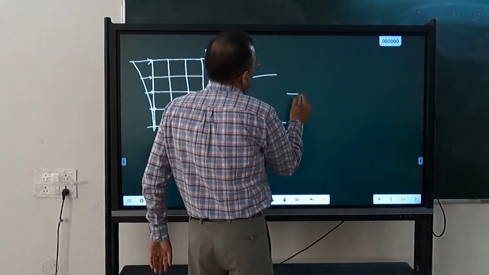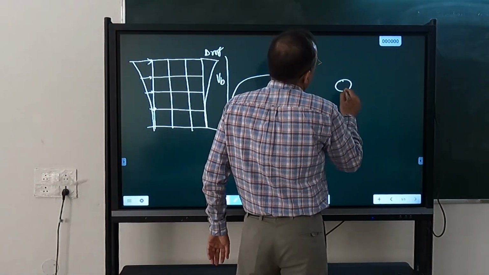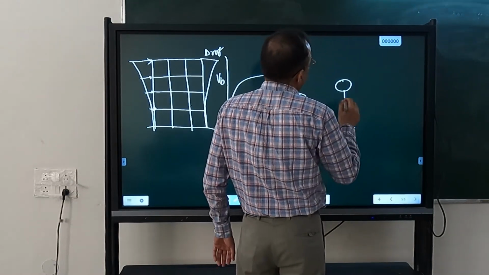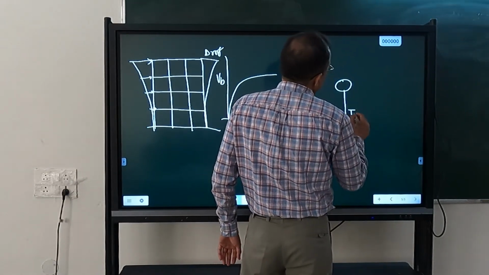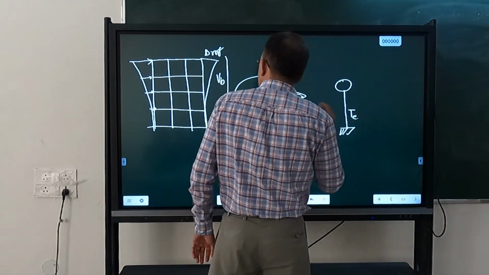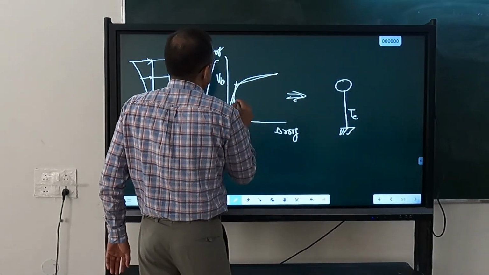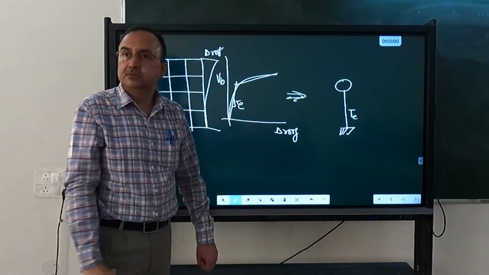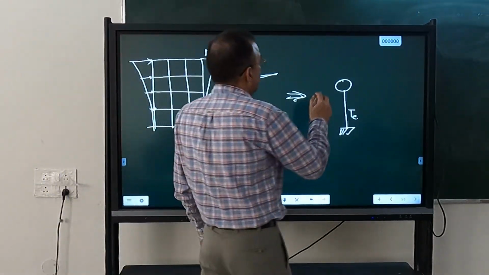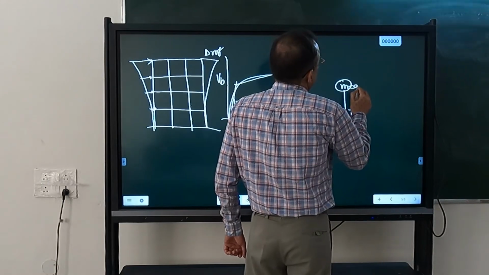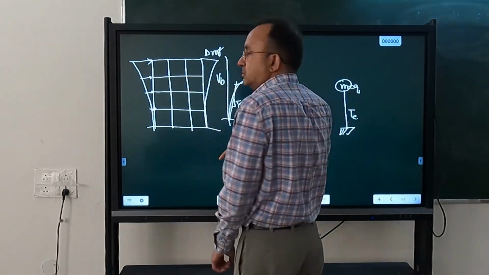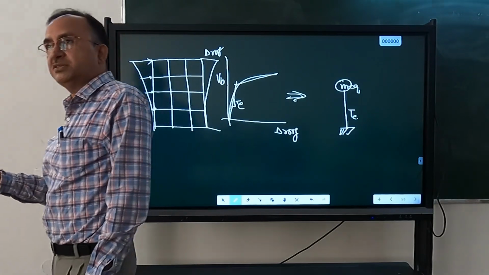I am converting this into an equivalent single degree system. This equivalent single degree freedom system has TE same as the TE here. And equivalent you can calculate from mode shape, modal mass.